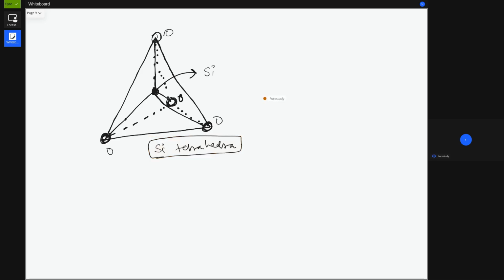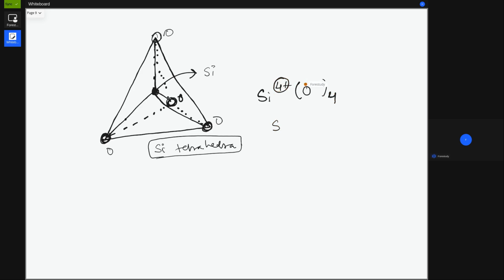Silicon tetrahedra with the formula Si 4 plus, O 2 minus, 4 because 4 oxygens are there, right? So you can write it as this is the oxidation state.